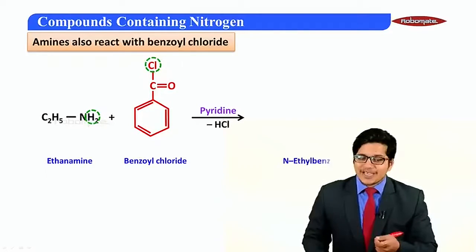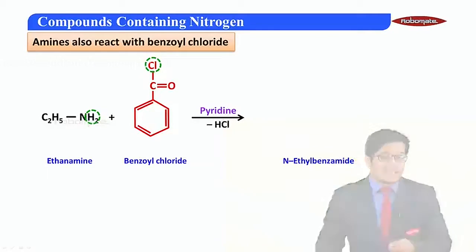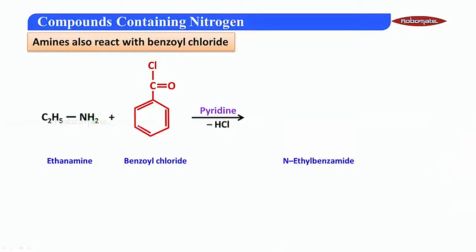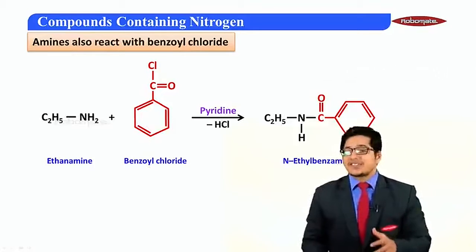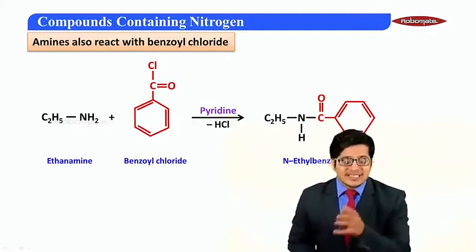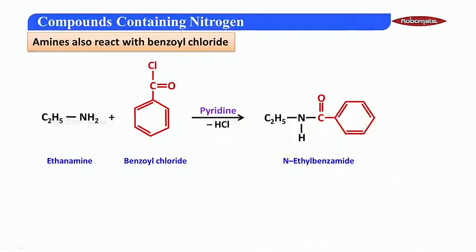And now you would get a compound that is N-ethyl benzamide. That is, you have a benzene ring to which C2H5NH C double bond O is added. Right, students? So this was how an acylation reaction would occur with acetyl groups or benzoyl groups.